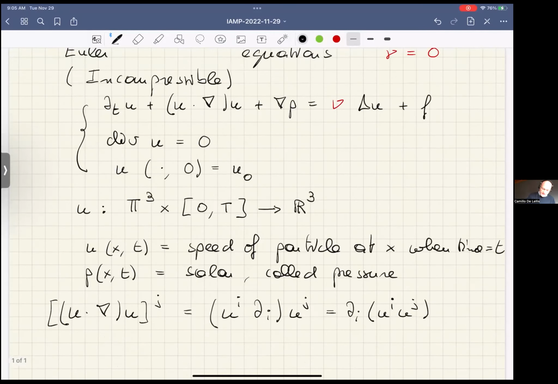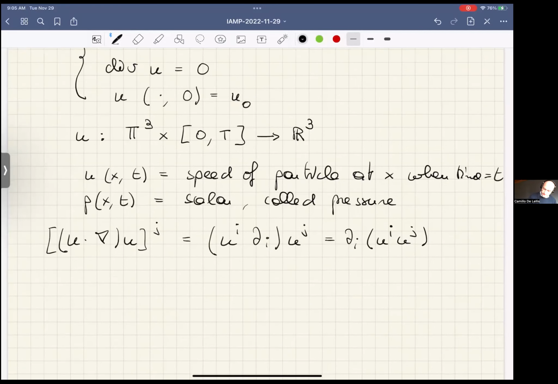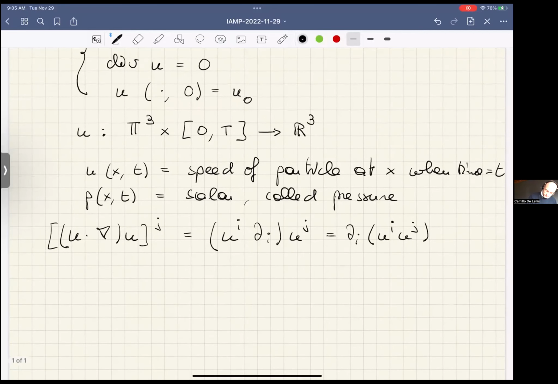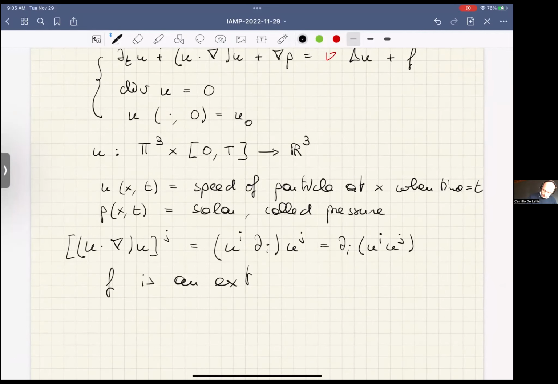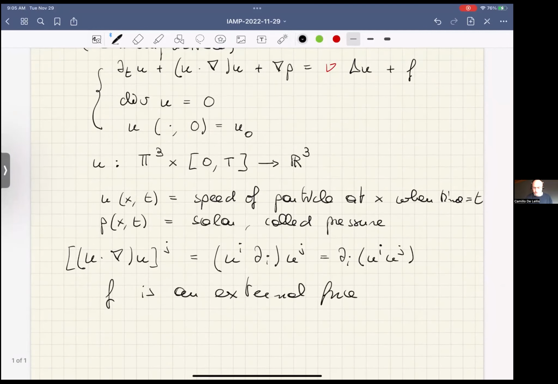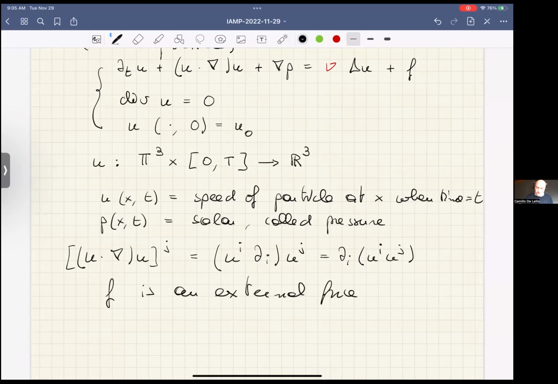Okay, F is an external force, which I can assume divergence-free. Without loss of generality, if I decompose F using the Helmholtz decomposition into a divergence-free part and a gradient, I can always absorb the gradient into the pressure over here, right?